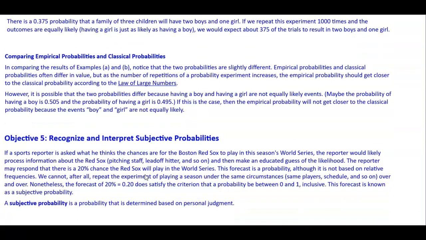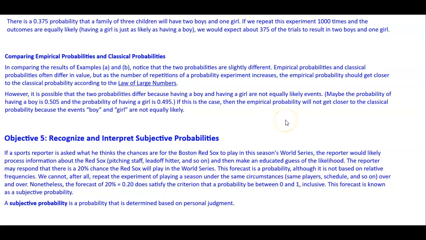Okay, next, comparing empirical probabilities and classical probabilities. Now, in comparing the results of examples A and B, notice that the 2 probabilities are slightly different. Empirical probabilities and classical probabilities often differ in value, but as the number of repetitions of a probability experiment increases, the empirical probability should get closer to the classical probability according to the law of large numbers.